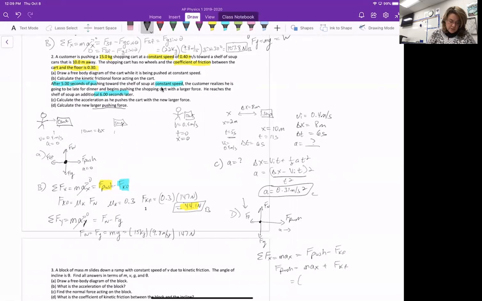The mass is, nope, sorry, 15 kilograms times the acceleration that we found, plus the force of friction we found earlier, which is 44.1 newtons. And we find the force of the push has got to be greater than, and it's 48.8 newtons. And that is for D.